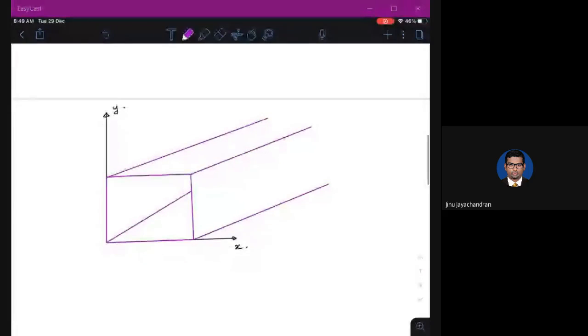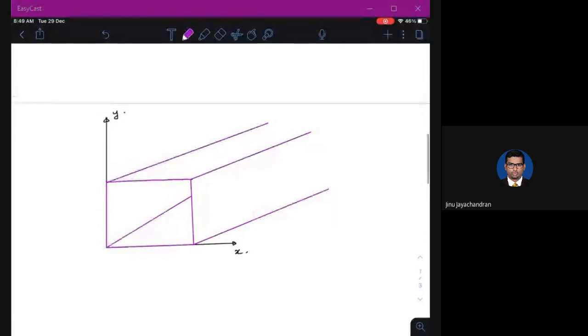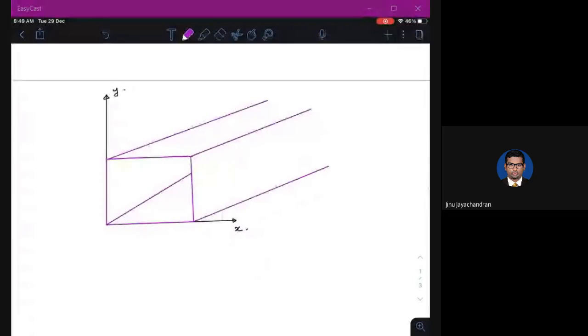But we are concerned about only the four sides. Now let's assume that the distance or the breadth of this waveguide is A. So let's say this is A, and let's say this is B. So the waveguide has its breadth from x equal to 0 to x equal to A, and its length or height from y equal to 0 to y equal to B. All are positive.